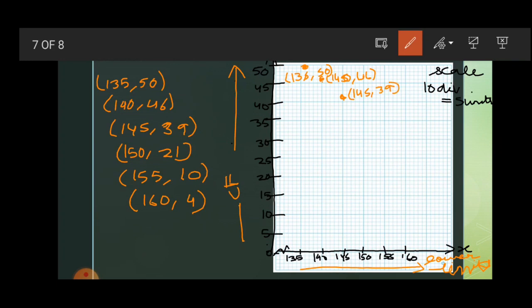Next is 150, 21. Then 155, 10 and 160, 4. Now join the points to draw the ogive.